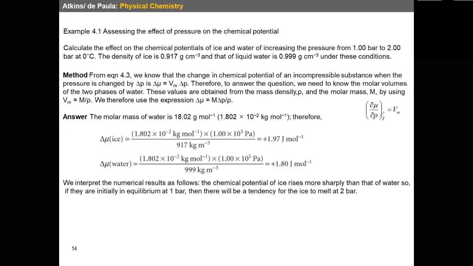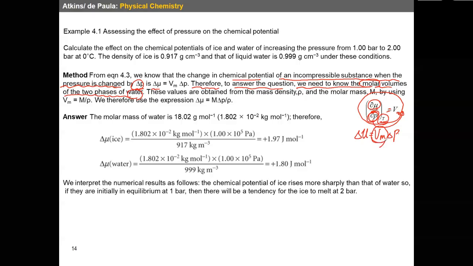From this, we know that the change in the chemical potential of an incompressible substance, when the pressure is changed by delta P at constant temperature, is Vm delta P. Therefore, to answer this question, we need to know the molar volumes, Vm, of the two phases of water.